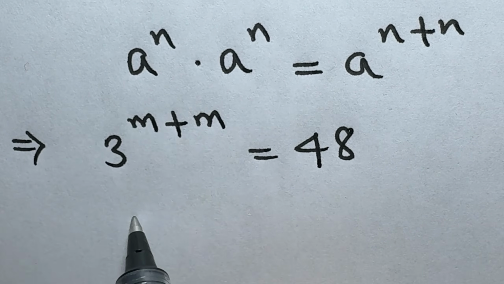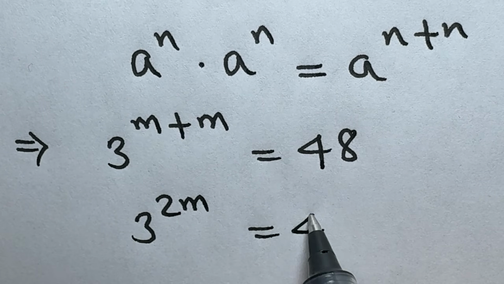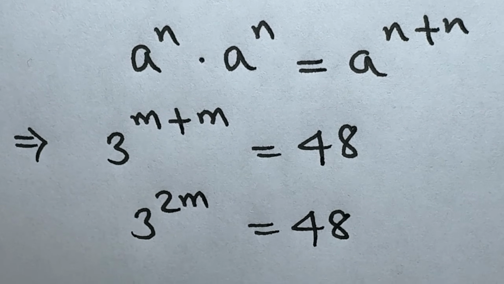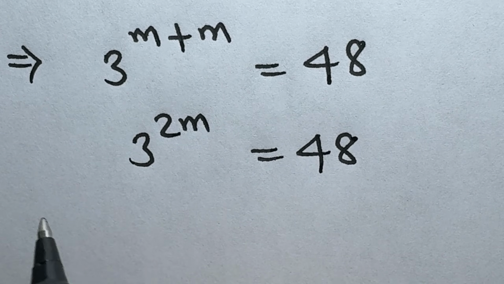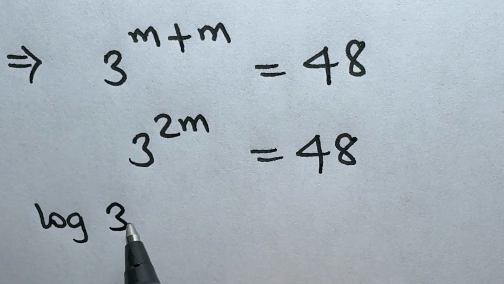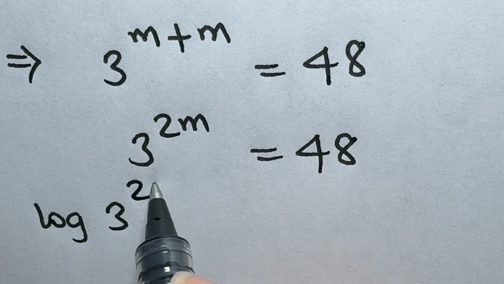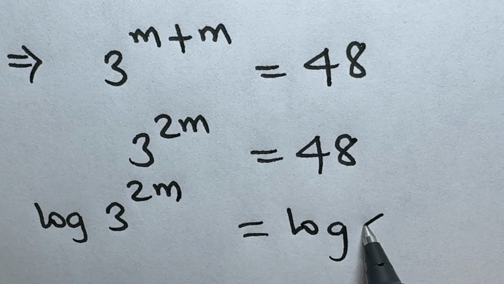This will then give us 3 raised to power 2m is equal to 48. This is an exponential equation, and to solve this, I can take the logarithm of both sides, which will give us log of 3 raised to power 2m is equal to log 48.